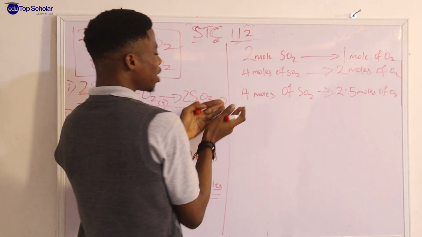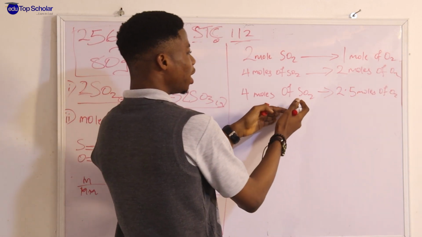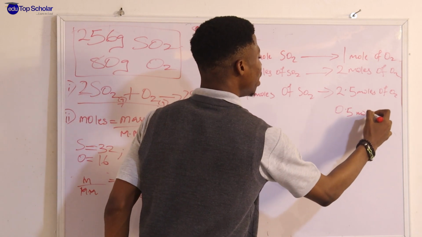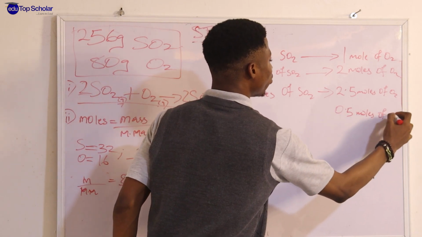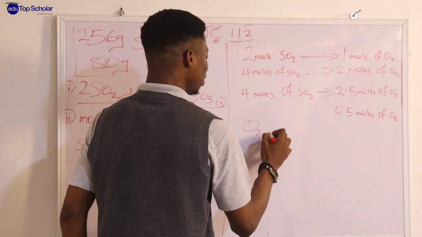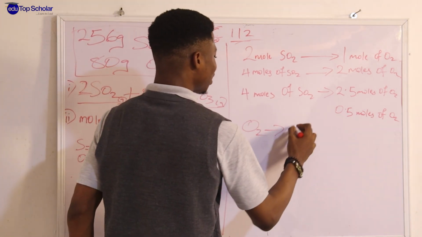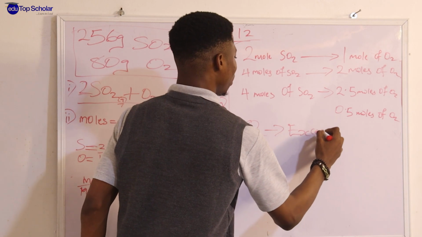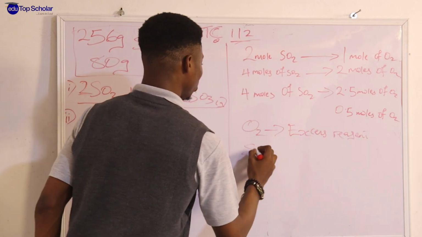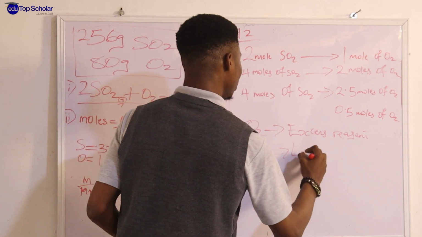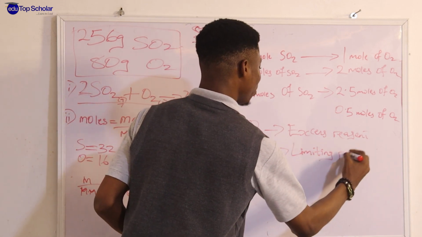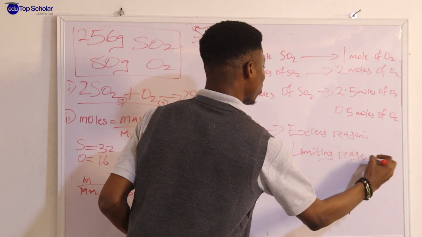By the time we expend all our 4 moles of SO2, we are going to have 0.5 moles of O2 left. Therefore, oxygen is the excess reagent, while SO2 is the limiting reagent, because once the SO2 is expended, the reaction is going to stop.